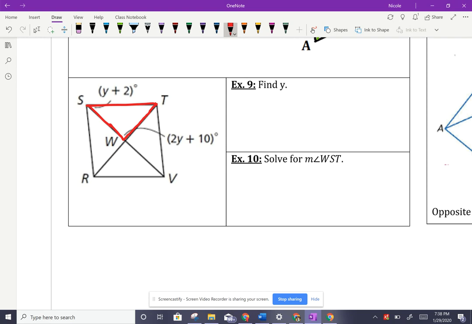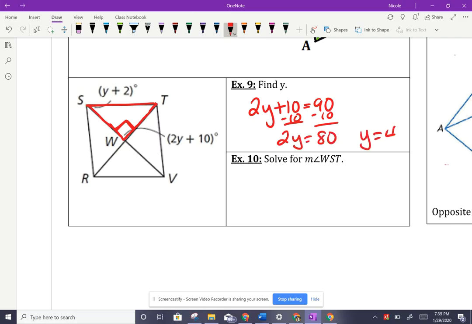But one of these angles we already know the measure of because it's a part of the diagonal, and where the diagonals meet, they are perpendicular. So this angle right here is 90 degrees. So to solve for Y, all I have to do is take 2Y plus 10 and set it equal to 90 and solve for Y. Subtract 10 out. 2Y is equal to 80.